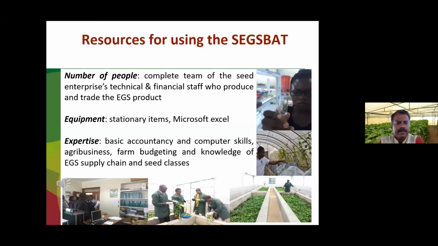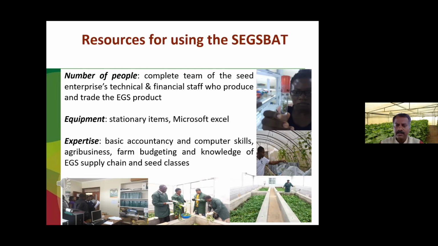And as far as equipment is concerned, we might need some stationery items, because during the data collection, particularly on the cost of production, it is necessary to do real-time data collection, where you collect data when production is happening. So you monitor the data during the production time, and collect those data and consolidate them for the analysis using Excel.